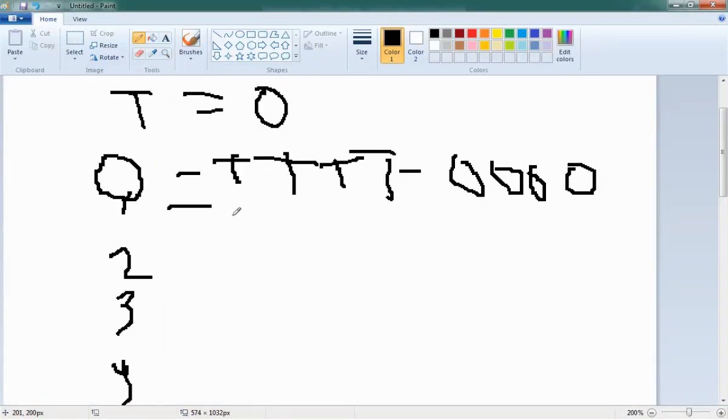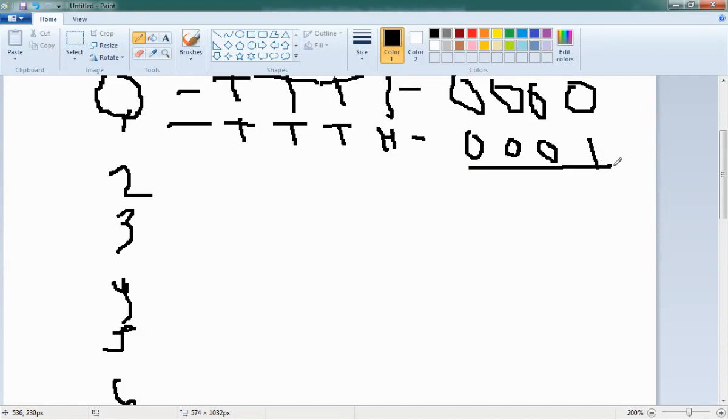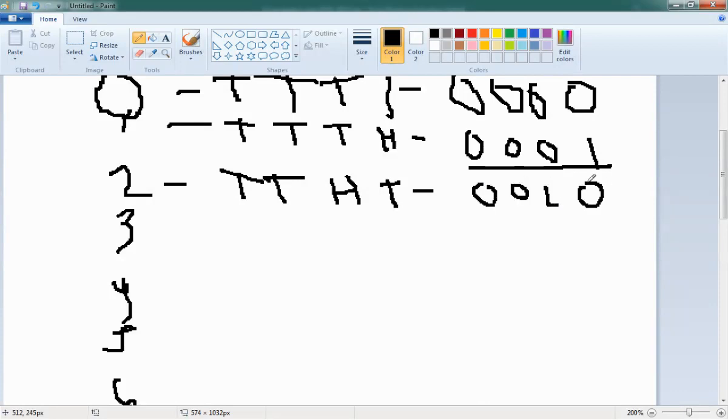Next, for my 1, that is simply tail, tail, tail, head, or this can be converted to 0 0 0 1. That is how we read binary numbers. For 2 we have tail, tail, head, tail, or in binary 0 0 1 0.